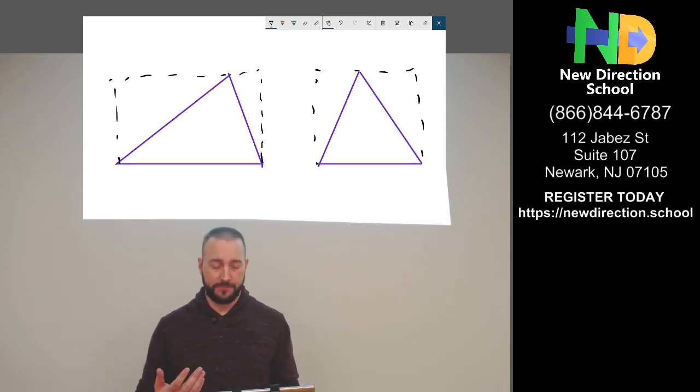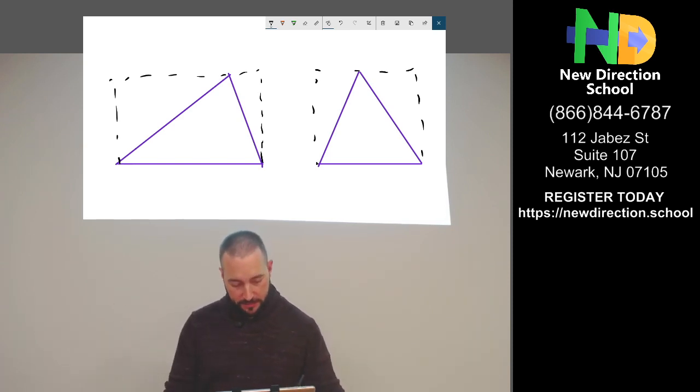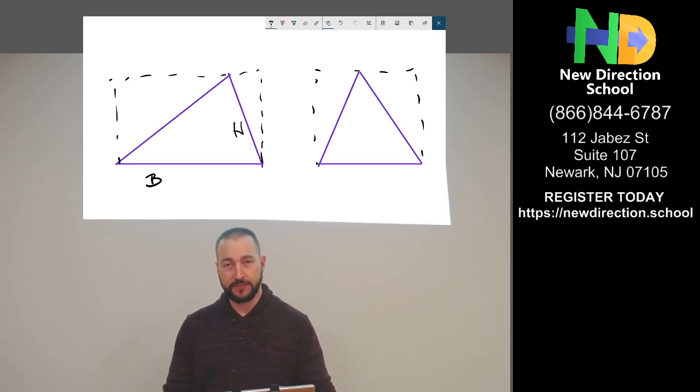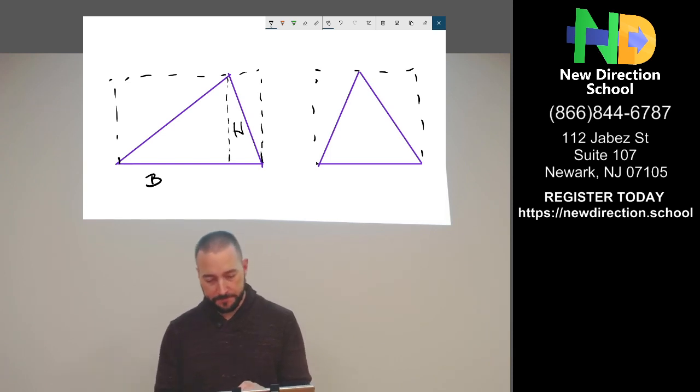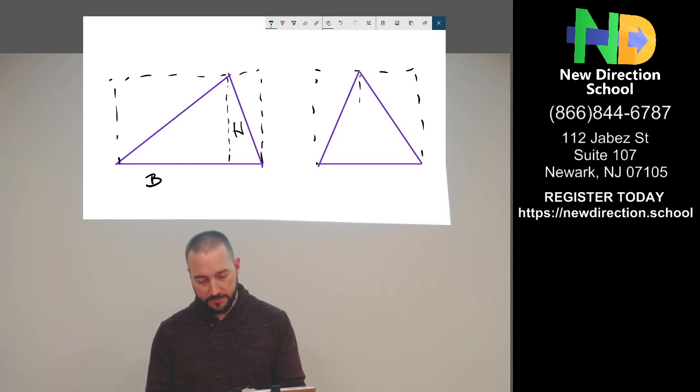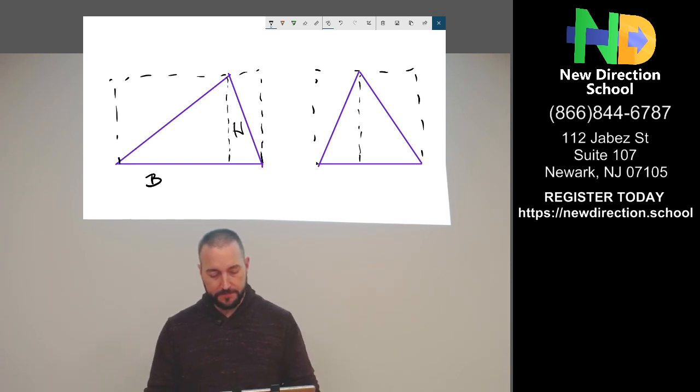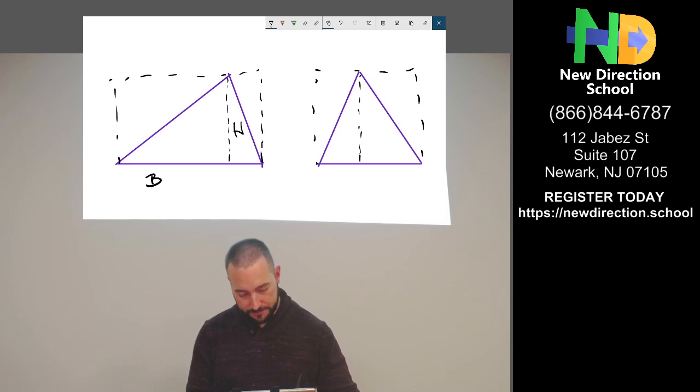The formula, and I'm going to erase it in a second, is base times height. How do we figure out the height? By making a cut right here. Same thing here. So it's base times height, and then divide by 2 equals area.